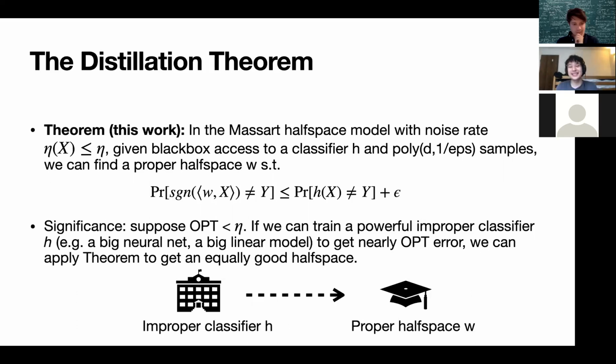But there's actually an easy way to help it, which is to give it access to a teacher H, which could be any sort of improper learner. It could be a huge decision tree, a neural network, or a huge linear model.